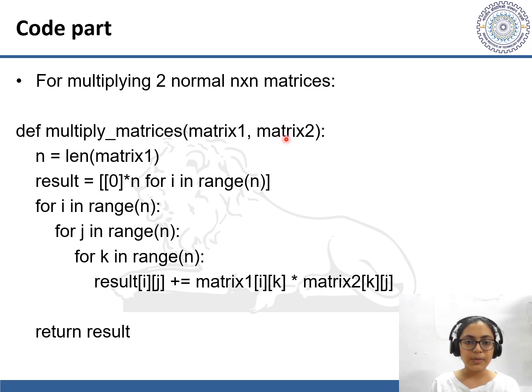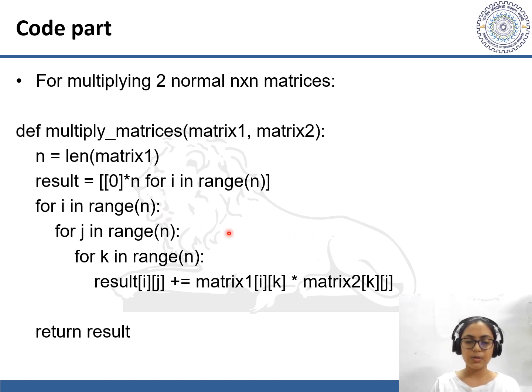Coming to the time complexity of this code, this and this will be of constant time complexity. Let's say this has a complexity of C1 and this of C2. Now this loop will have a time complexity of n, and inside it, for every i, j will have a time complexity of n again, and then k will be inside j, which is n again.